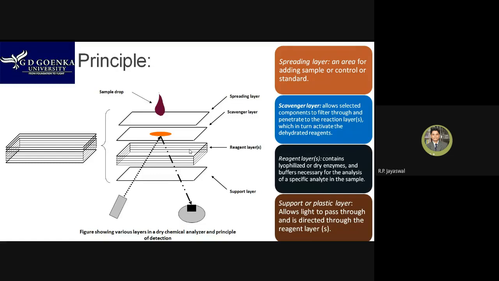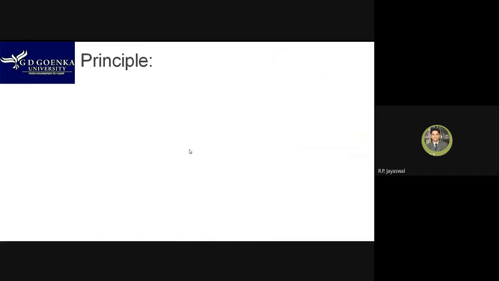Here, more color means more OD, and more OD means more absorbance. When there is more absorbance, we can say there is more concentration of the component in the given sample, right? So this is the working principle of the dry chemistry analyzer you have studied.